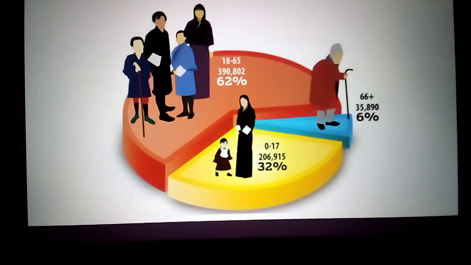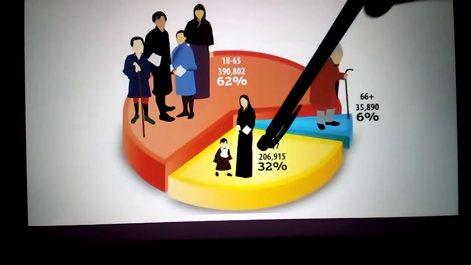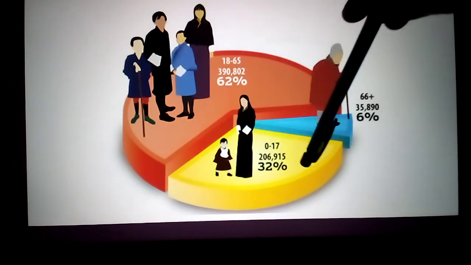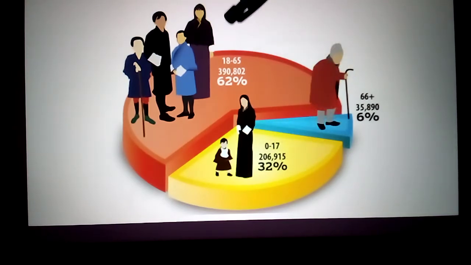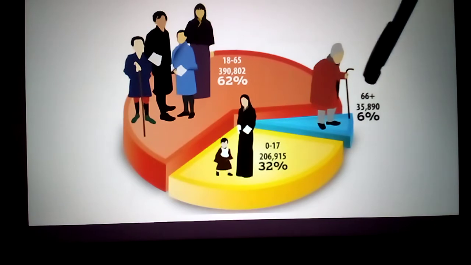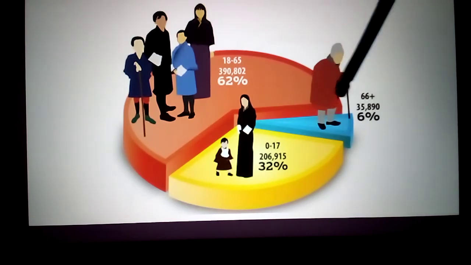Already we discussed, according to age group, 0 to 17 is 32% of the population, 18 to 65 is 62%, and above 65 means senior citizens.